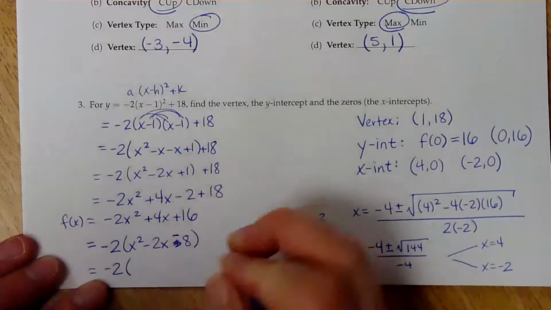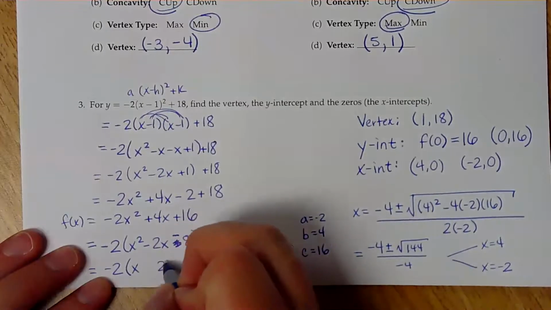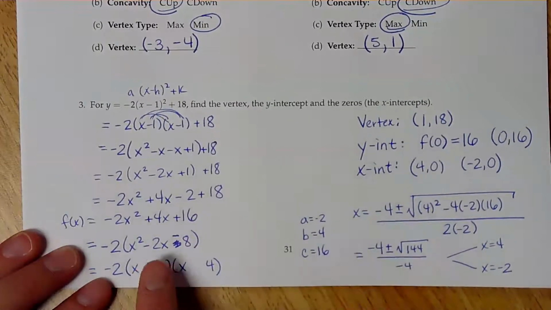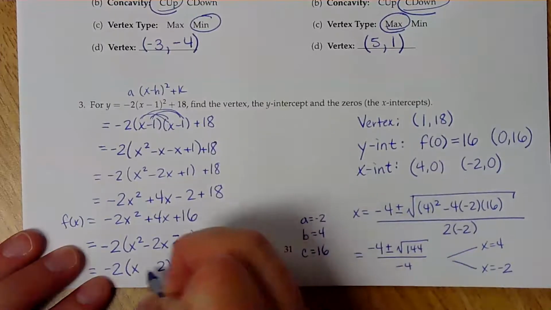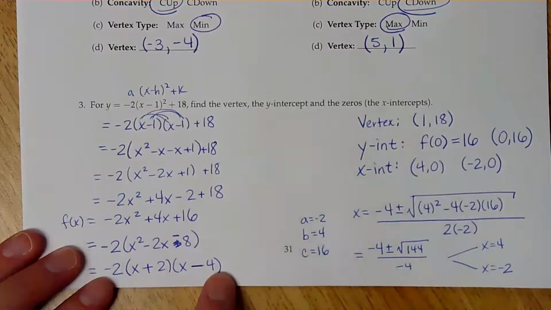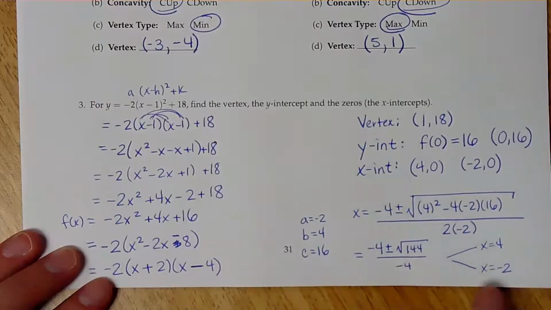Remember, take that minus sign out. So 8 is 4 times 2. So I have x with a 2 and x with a 4. I know that my signs are going to be one plus and one minus, because this is a minus here. Because this is a minus in the middle, I'll put the minus sign with the bigger one, the plus sign with the smaller one. If I set these each equal to 0 and solve, I get x minus 4 is 0, which gives me x equals 4. And x plus 2 equals 0, which gives me x equals -2.